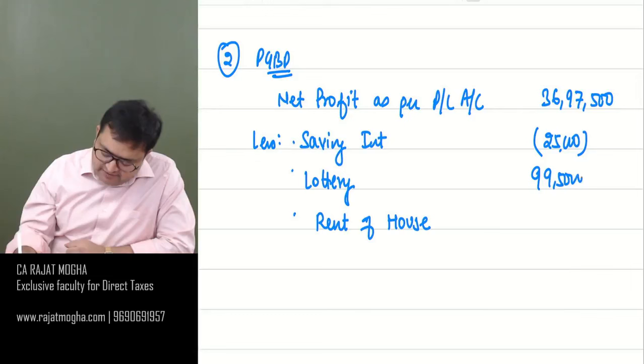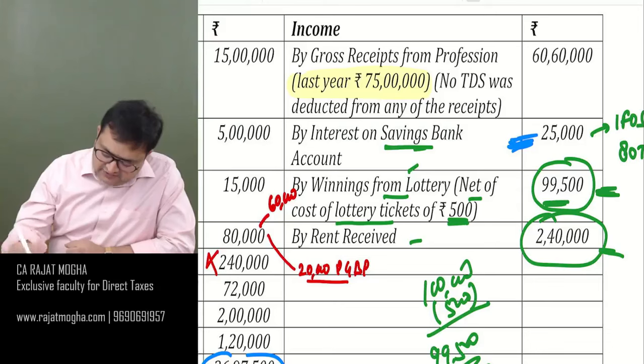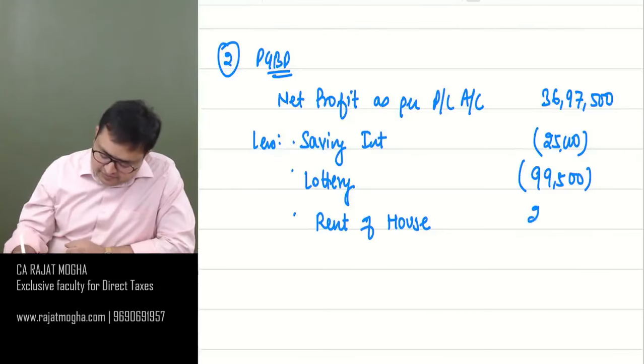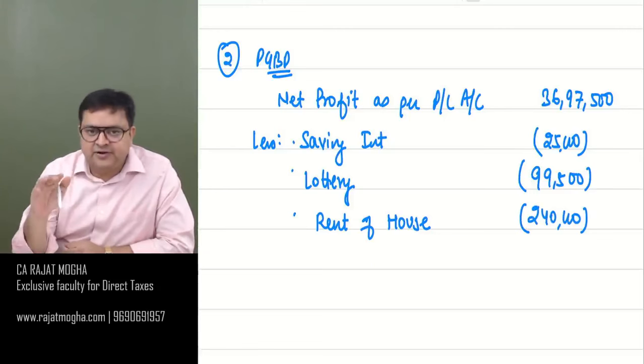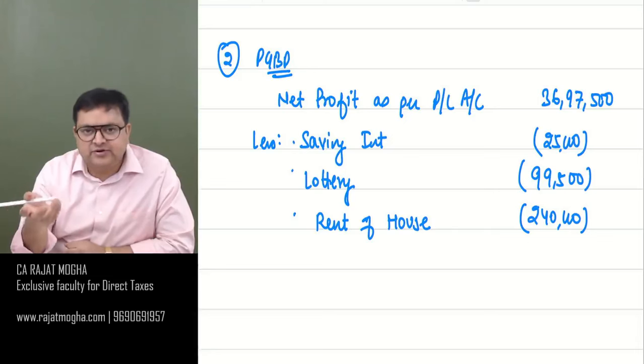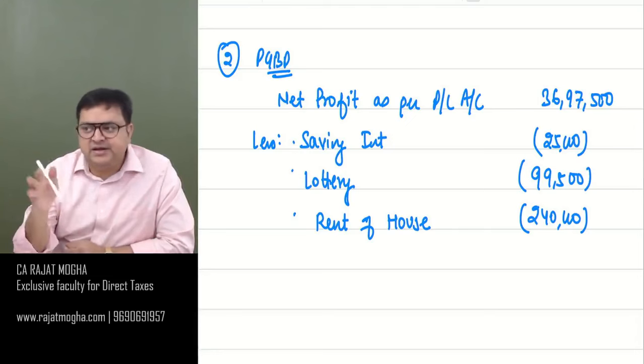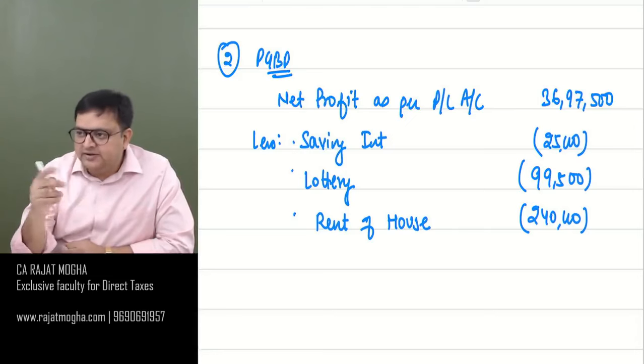Although it was 1 lakh, what is disturbing in my P&L account is 99,500. Rent of the house is 240. Step 3 done. Step 1 net profit. Step 2 expenses. As of now, there is no problem with the expenses side. Step 3 income. I found 3 incomes which are not PGBP. I deleted them. Now let us come to step number 4.